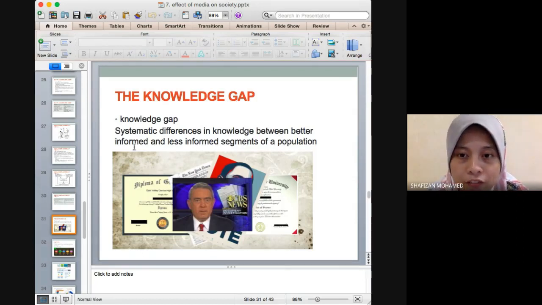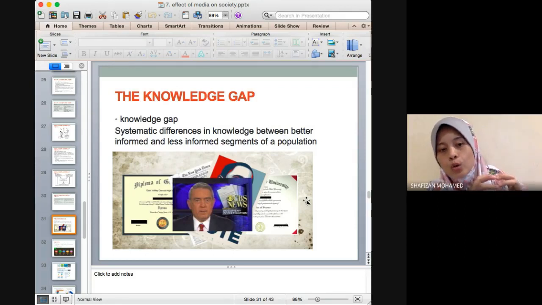Knowledge between better informed and less informed. For example, will there be a difference between those who have a diploma and those who have a degree? Will there be a difference, you think? Yes. If not, why do you want to go for your degree? Because there is a ceiling to what diploma holders can achieve in terms of professional development. Because in the working world, they have set certain standards.